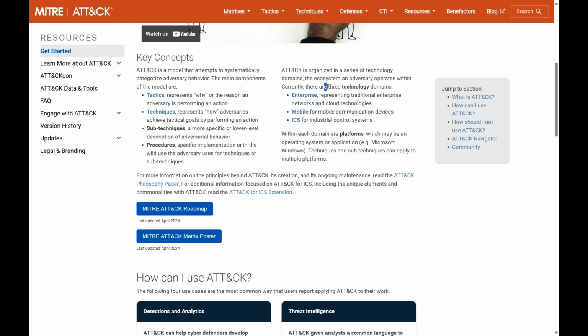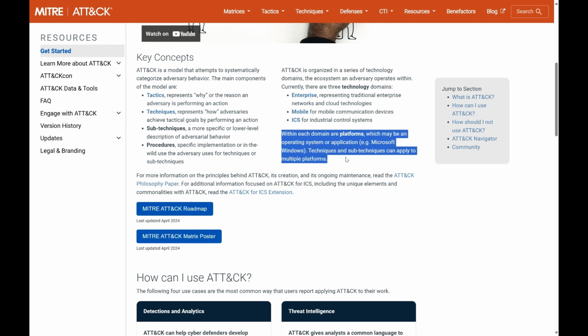Currently there are three technology domains: Enterprise, which represents traditional enterprise network and cloud technologies, then we have Mobile for communication devices, and ICS for industrial control systems. Within these domains are platforms, which may be an operating system or application, like Microsoft Windows or Linux, and techniques and sub-techniques can apply to multiple platforms.